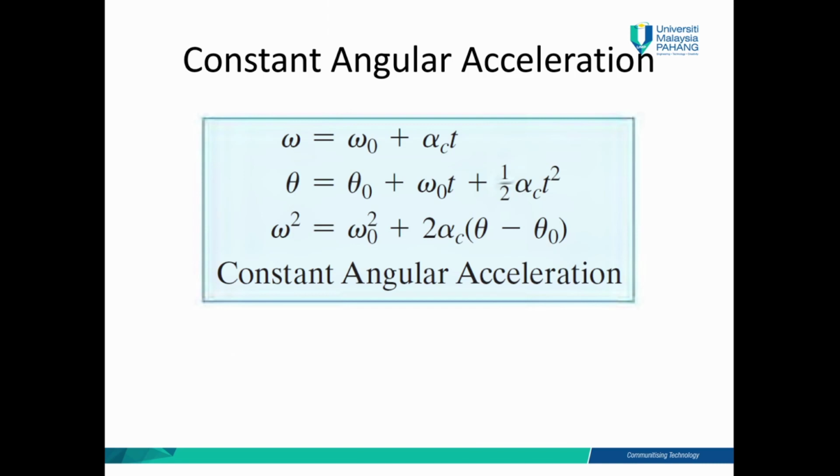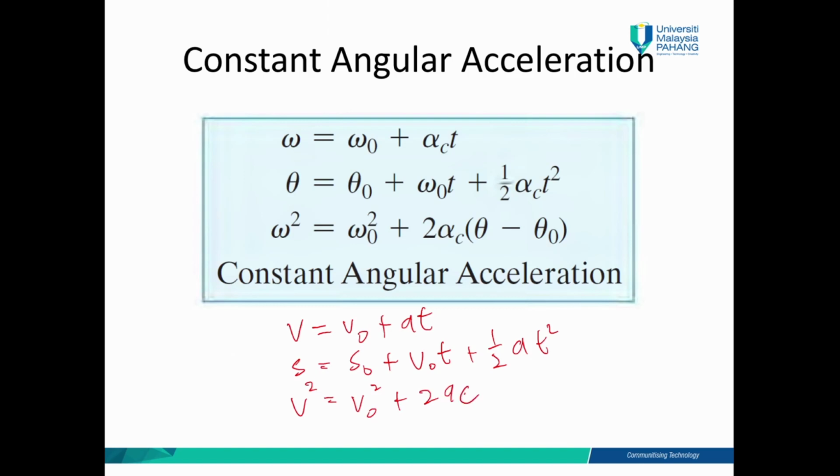For your linear kinematics, you still remember your equations: v equals v0 plus at, and then s equals s0 plus initial v times t plus 1 over 2 constant acceleration t to the power of 2, and also v to the power of 2 is equal to initial velocity to the power of 2 plus 2a_c times (s minus s0), where a_c is your constant acceleration.